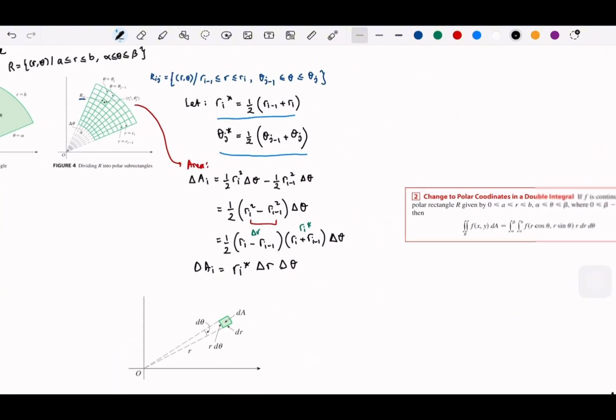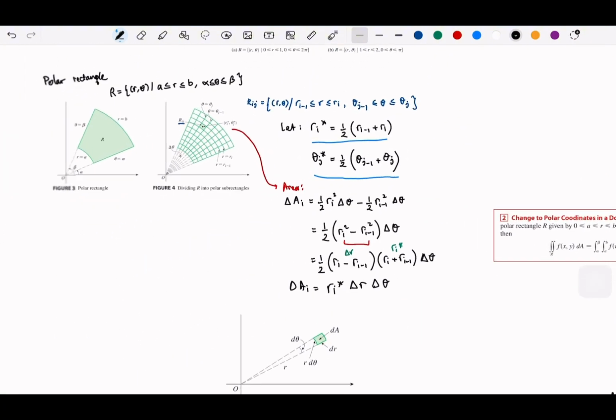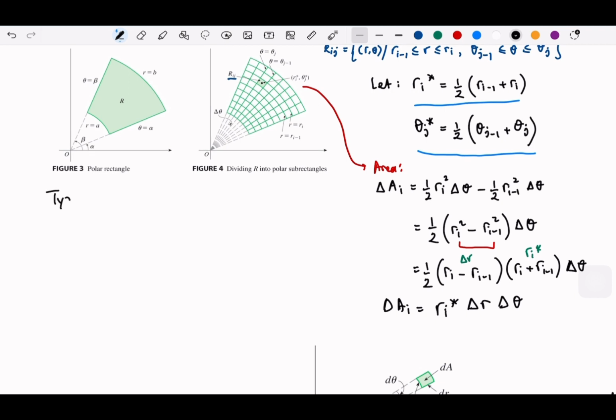So the typical Riemann sum, let me write here. So typical Riemann sum in double integrals of polar, we are going to have m, and then we have the second sum for the second axis, which is j, and this will be supposed to be xy, but I will change this x using the polar conversion.